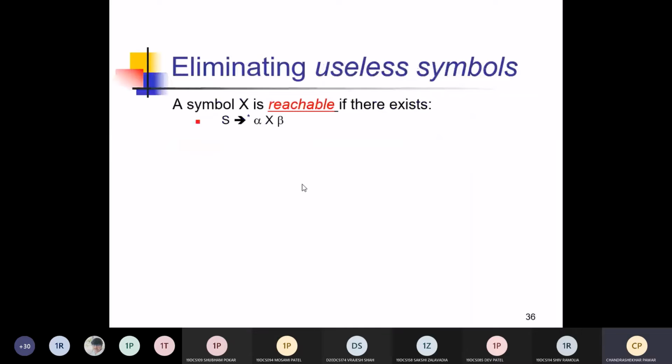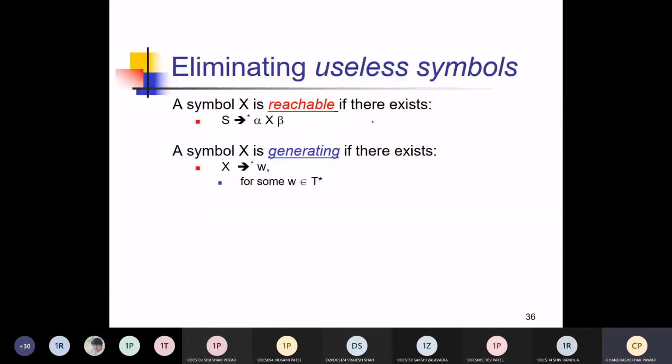Now, how to identify the useless symbol? If it is reachable, then it is a useful symbol. If it is generating, then it is a useful symbol. If it is not reachable, then it is a useless symbol. If it is not generating, then it is a useless symbol.